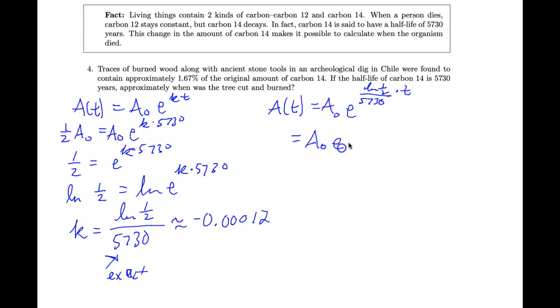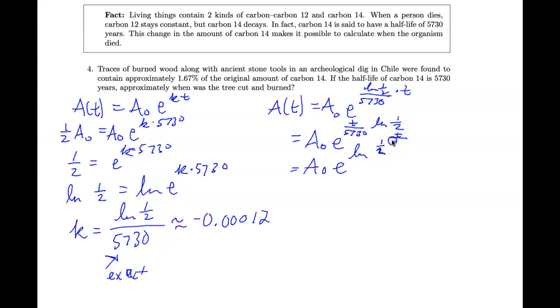We'll have A0 times e to the t divided by 5,730 times natural log 1/2. And then the t over 5,730 can be written as an exponent.